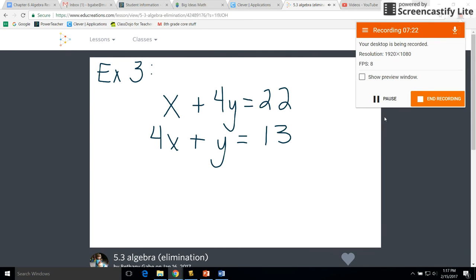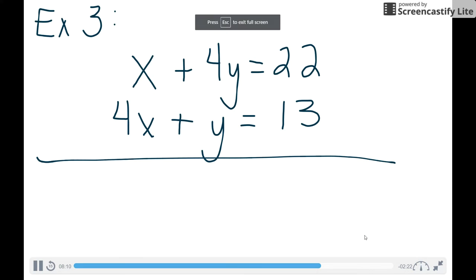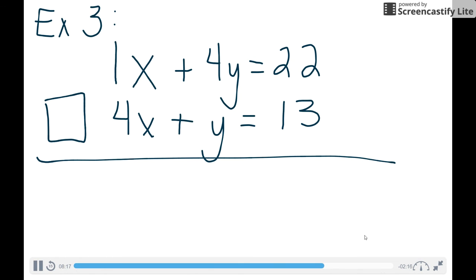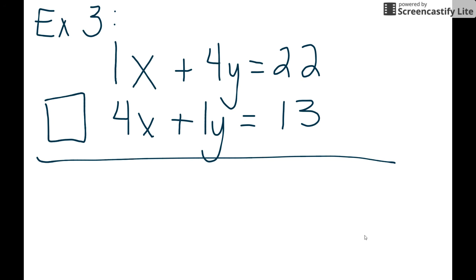So this last example, again, I do not see any variables that I could simply put an add or subtract sign here, because something's going to have to multiply. I am going to put a 1 in here and a 1 right here just to make it look a little bit nicer. And so now, again, I get to choose. For the x value, if I take this times 4, it'll go to that.